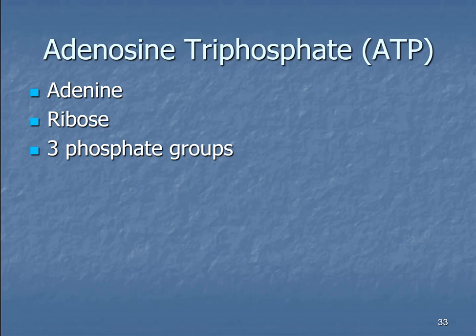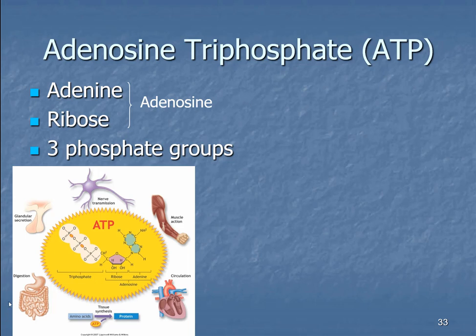If you look at its structure, it consists of a molecule called adenosine, which is adenine and the sugar ribose, and then it has three phosphate groups, thus the term adenosine triphosphate. So this is what it looks like. You have the adenosine molecule, which consists of the sugar ribose and the base adenine. Then you have one, two, three phosphate groups.